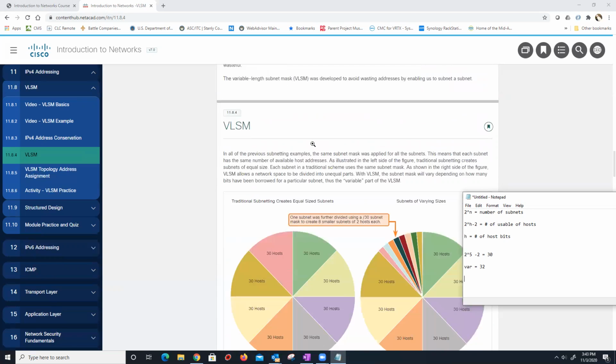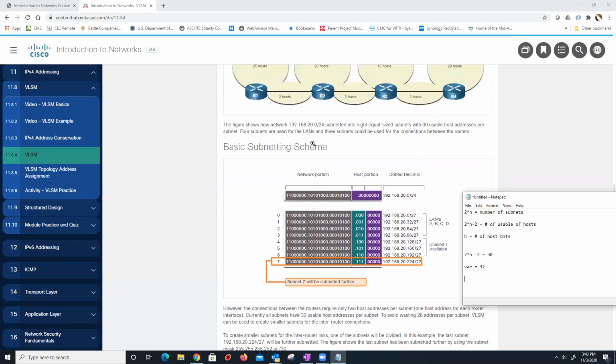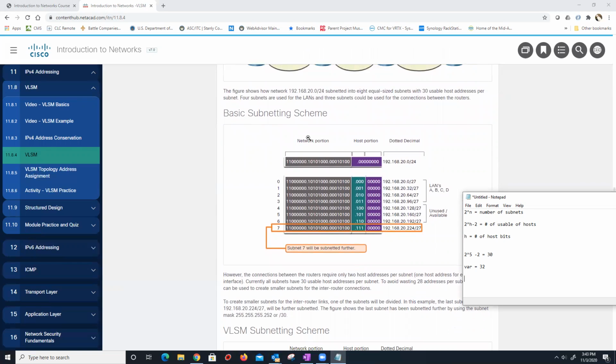So we've got this, but let's go down and look at VLSM and say, okay, we're going to do the same thing, but we're going to change it slightly. Instead of leaving everything /27, we're going to use VLSM. And by the way, VLSM, if you really want to think about it, is simply subnetting a subnet. So we pulled out the .20.0 /27 right here.